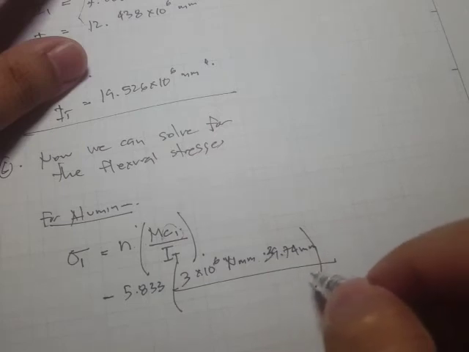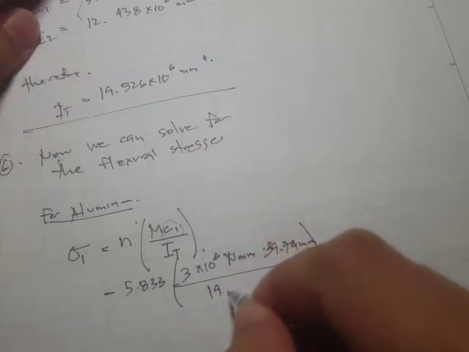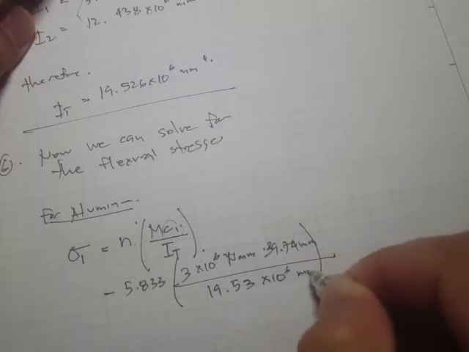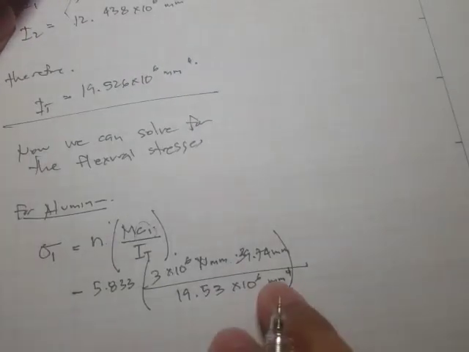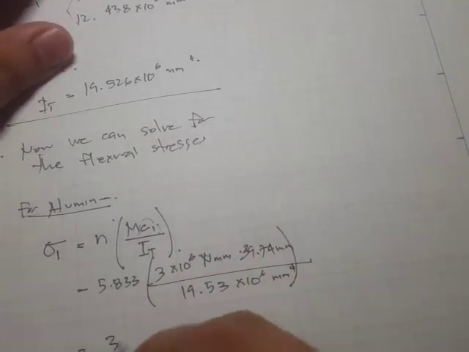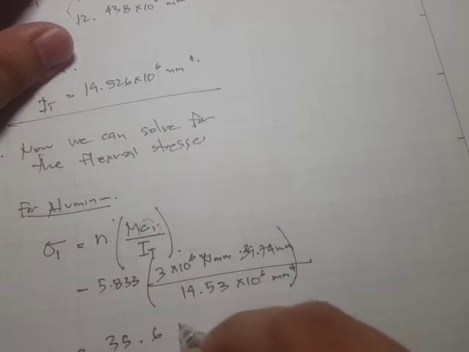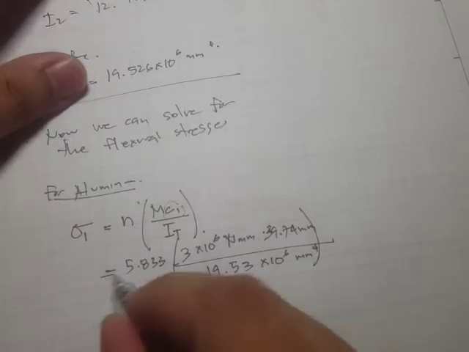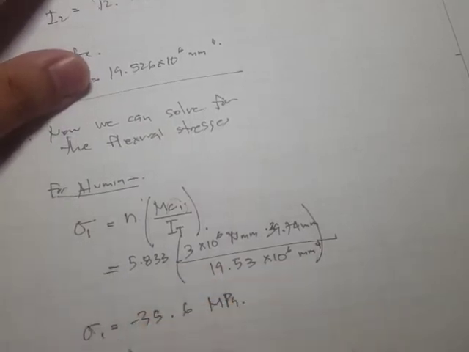The I total is 19.53 times 10 to the 6 mm to the fourth. So our unit would be Newton over mm squared, and this will be 35.6 megapascals. And by the way, this is negative because this is compression.